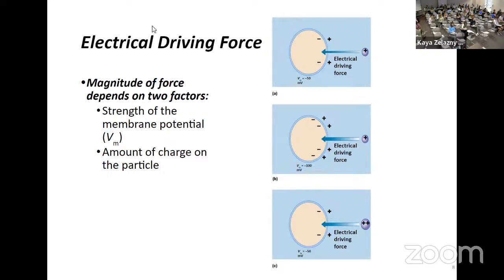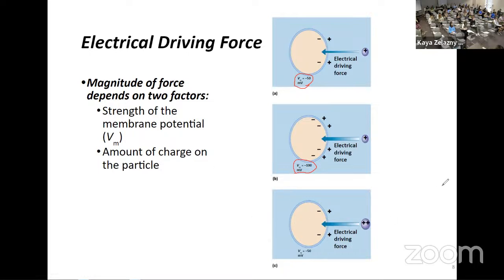So when we say the strength of the membrane potential, we're talking about, is our charge inside the cell -50 or is it -100, right? -100 is going to be a stronger pull, greater magnitude force on a positive ion. And we're thinking about the amount of charge on the particle as well.